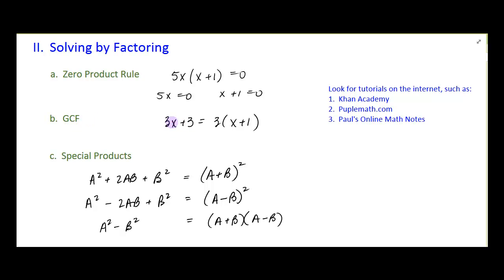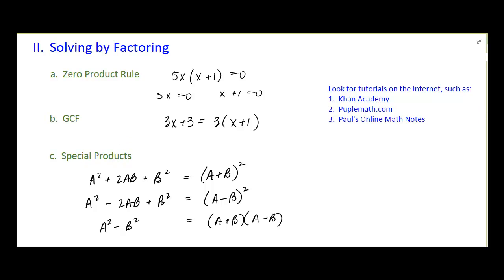So here I have 3x plus 3. The common term between them is a 3, and if I factor it out, it leaves me with 3 times x plus 1. Notice, if I can take something like this and factor it, I have created the product of its factors, which I could then set equal to 0 and solve.